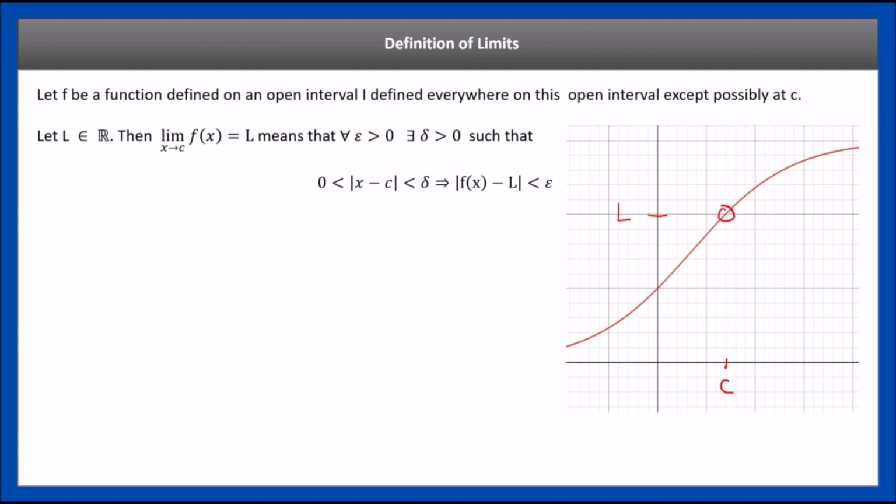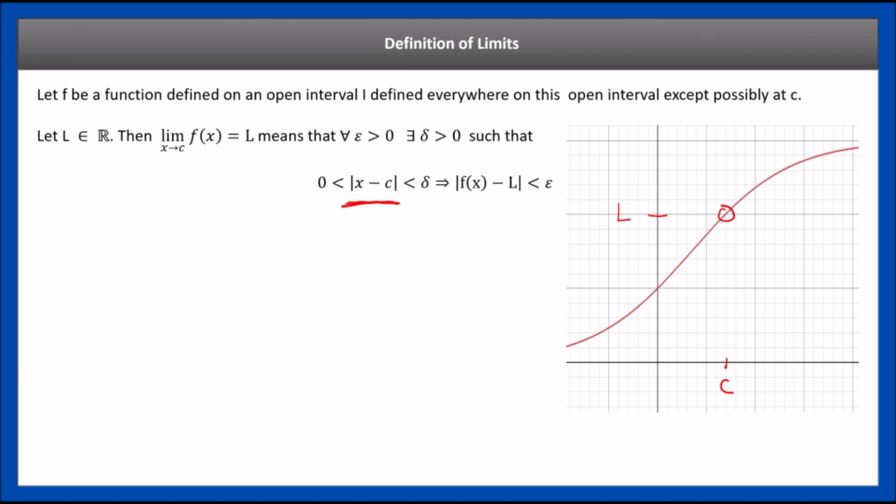So if the limit as x approaches c of f of x is equal to L, well, that means that for every epsilon that is positive, there exists a positive delta such that the distance between the x value and c is greater than 0, but less than delta.